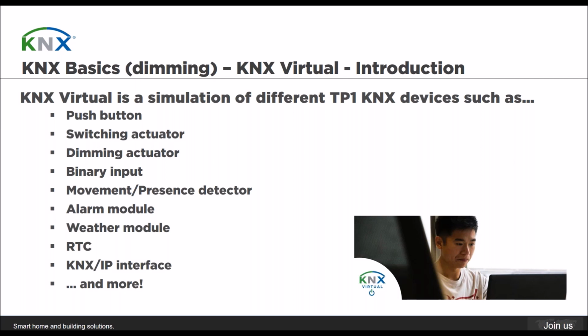KNX Virtual is a device simulator that runs on Windows and simulates KNX devices like push buttons, switching actuator, dimming actuator, which is the topic of today, blind actuator, and so on. Therefore, we don't need a physical KNX device for this presentation, and that's the goal.